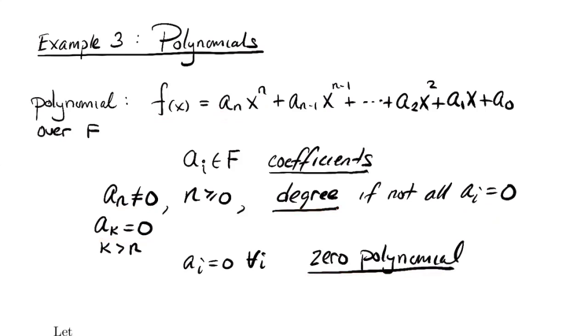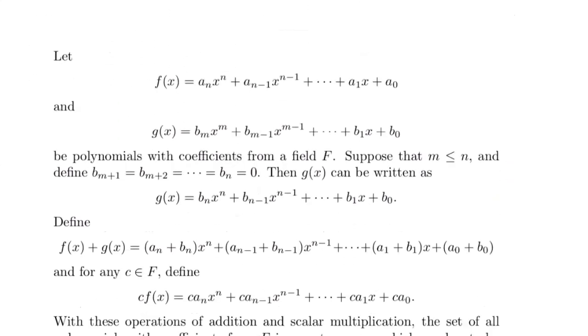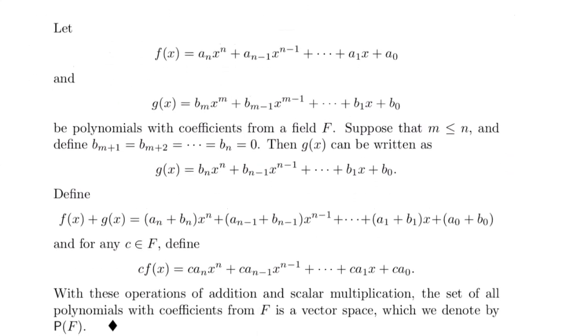All right. And you can add polynomials together. Here I took it from a slide to make it a little bit easier, but in order to give a formula for adding them, I have to do a little bit of trickery, or the author does rather. So he takes two polynomials. This one, f, has degree n, and g has degree m. And so the author says, well, let's suppose, without loss of generality, that m is less.